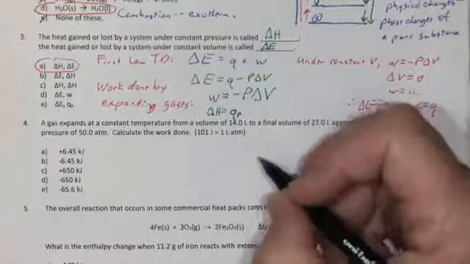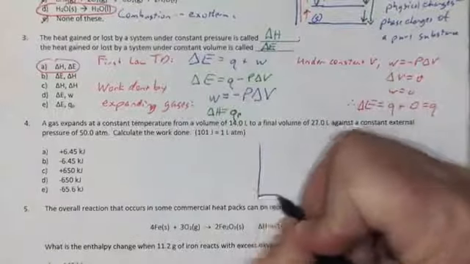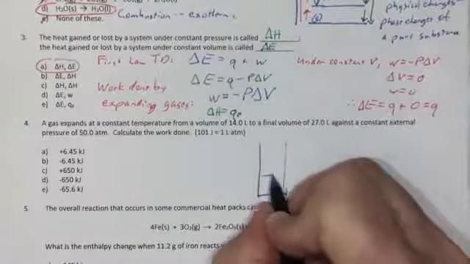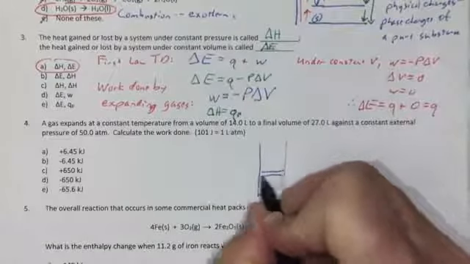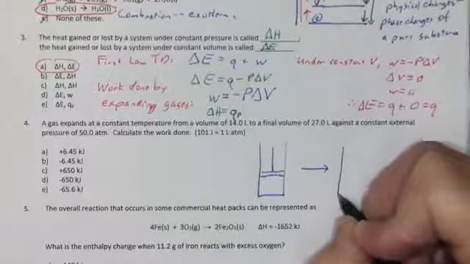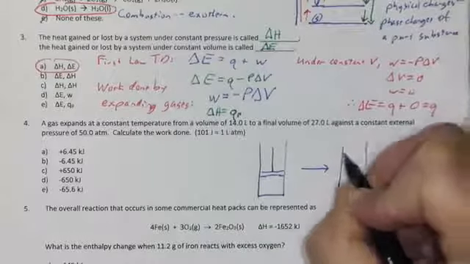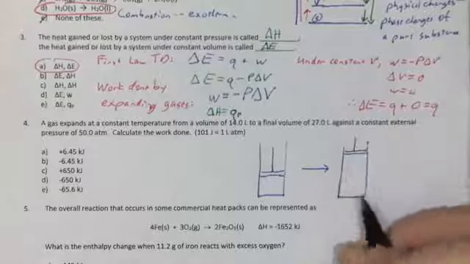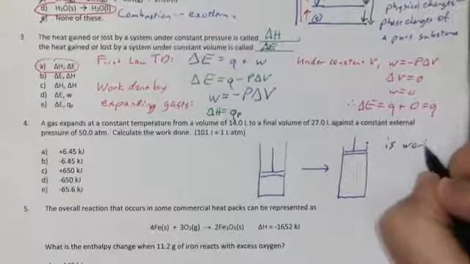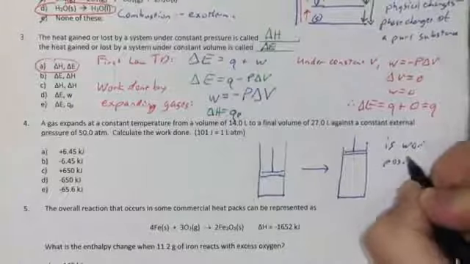Now, remember that the point of view is always the point of view of the system. So we have a gas that's expanding. So if this is a steel cylinder and we've got a gas inside here, here's a movable piston. And if the gas expands so that now it's pushed up this piston, then the question is: is the work positive or negative?